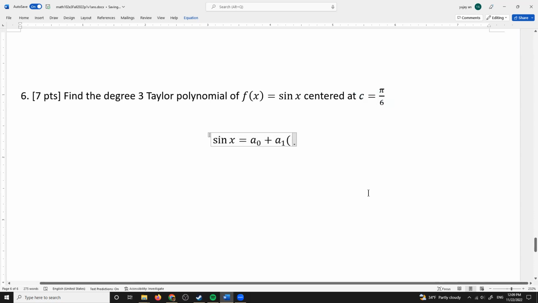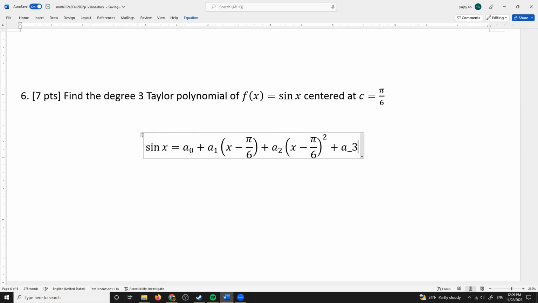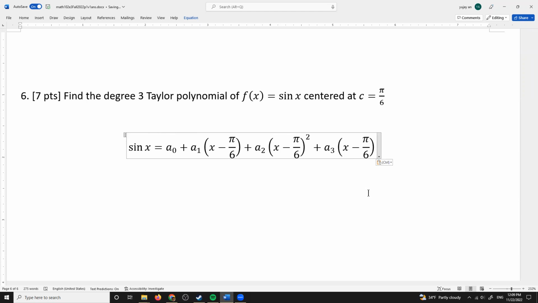It means that you want x minus pi over 6 like that, and then for the next one, a2 times x minus pi over 6 squared plus a3 times x minus pi over 6 to the third power.